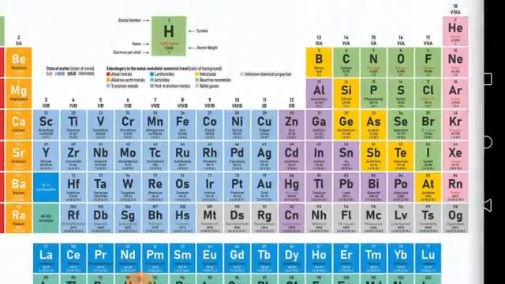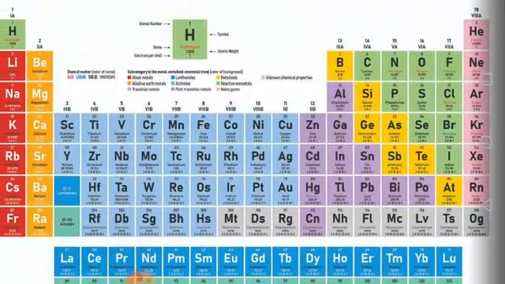Also, we can write the electronic configuration of any element by knowing the nearest inert gas which precedes it.